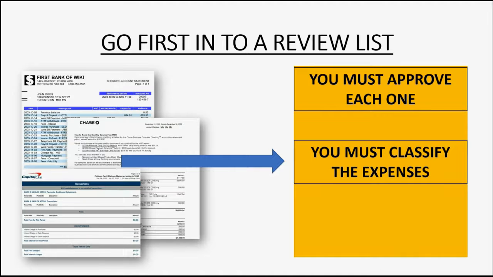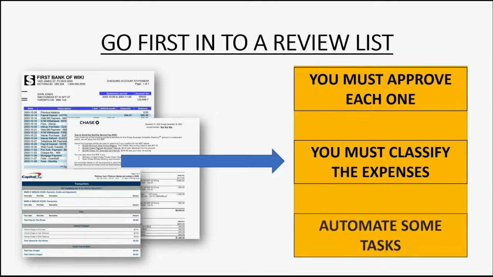You also must choose the account classification, such as which expense does the check go with, or which income account does the deposit go with, and so on. Remember, the bank can't know that, but you do know that and can put it more quickly if you're putting it in the review list instead of entering the transaction yourself.